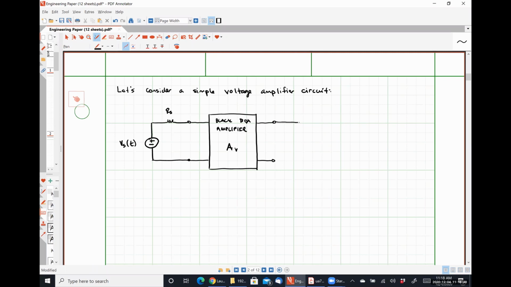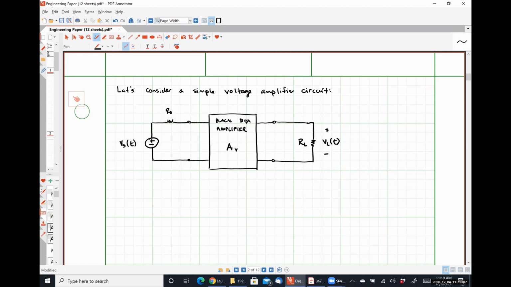And then I'm going to use said amplifier to drive a load. So let's call this guy RL, simple load resistance. And so this is VL of t.